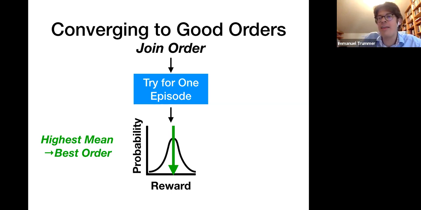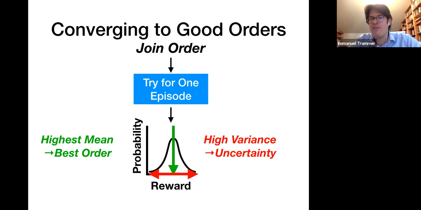But on the other side, there might be quite some variance, which might make it difficult to identify an optimal join order after executing join orders just for a few episodes, right? So at any point in time, we'll have some uncertainty about the true quality of join orders because we're only seeing samples.